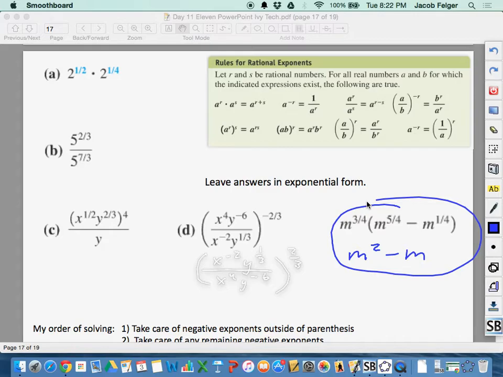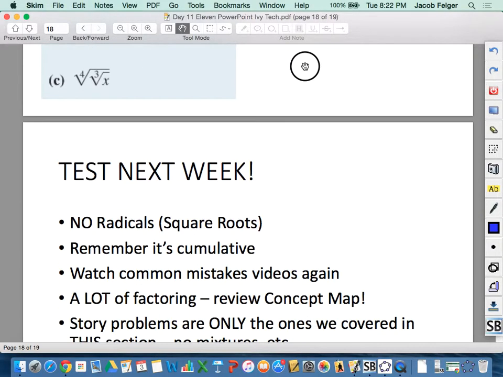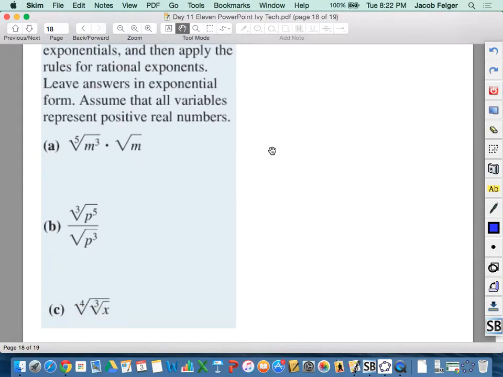If you can picture in your head, if you have m squared, picture 2 m's side by side. And then if you just have m, picture 1 m. And then just picture like 3/4 of an m, which is kind of weird at first. That's going to help you begin to think about it, so this would be an m plus a little bit more of an m, which might help. All right, so the only other thing is you have to be able to also go back to the exponents.